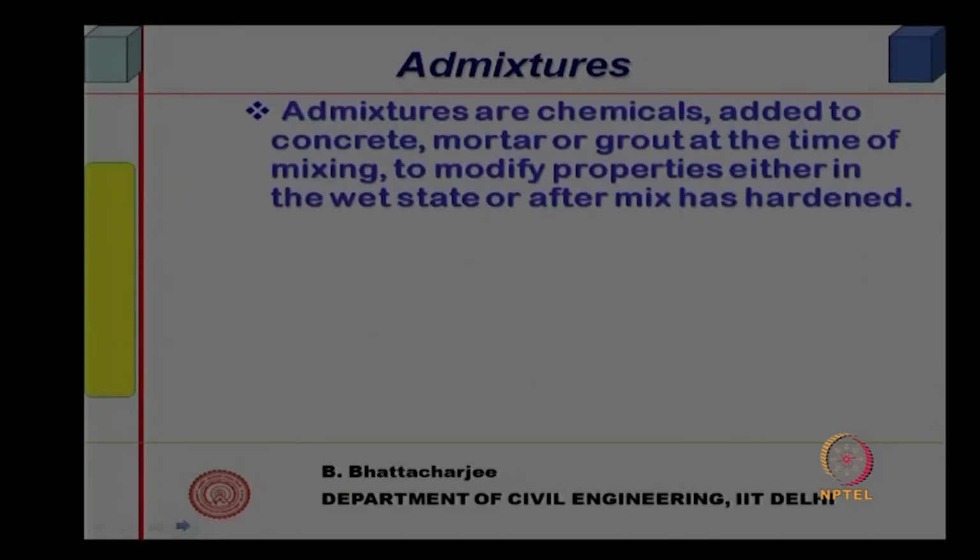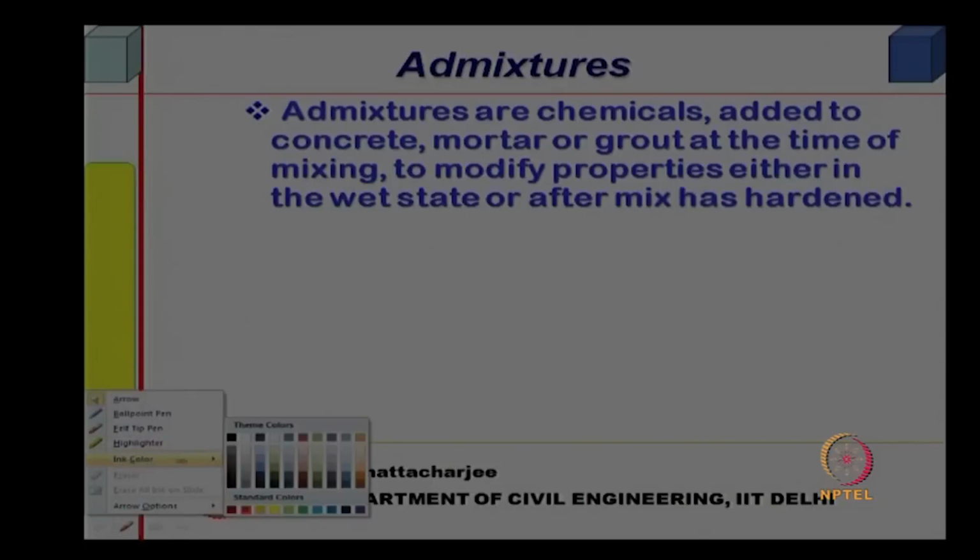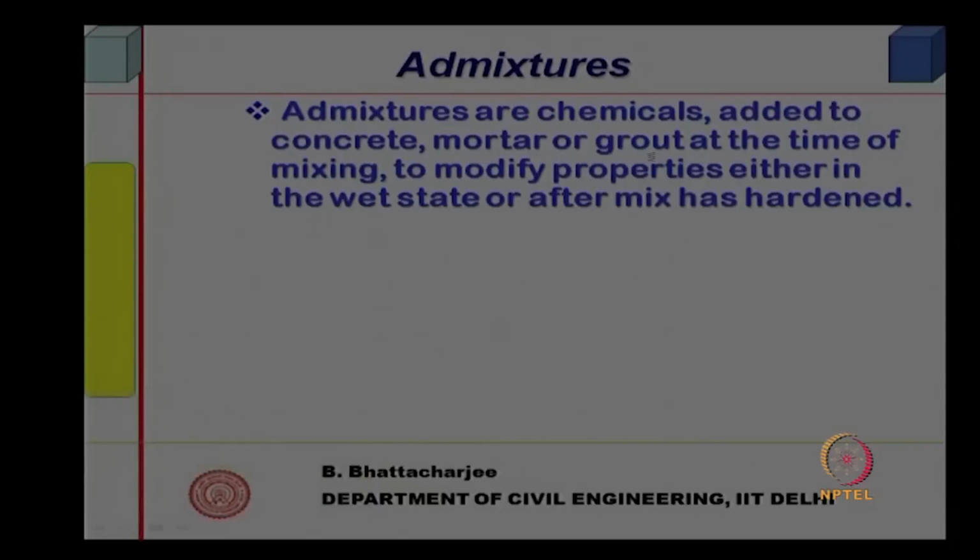Admixtures are chemicals added to concrete during the time of its production, or it is also added to mortar or grout essentially at the time of mixing to modify properties either in wet state or after the mix has hardened.